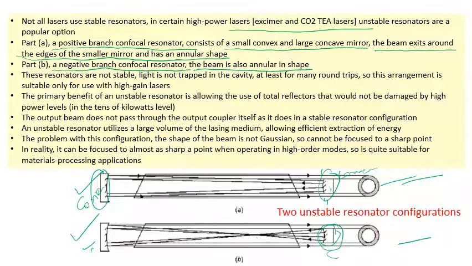Okay, so this kind of cavity we may need if we are using a very high power laser, where the gain medium has high gain, like carbon dioxide or excimer.